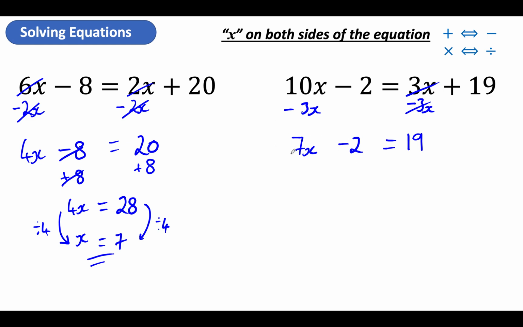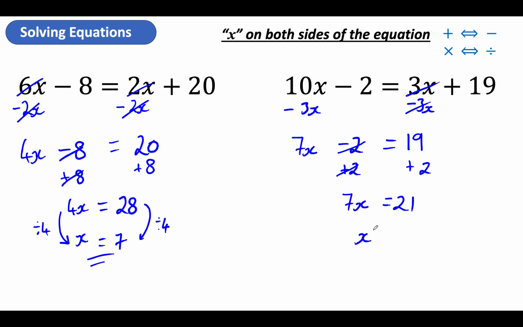Deal with the number touching the letter last, so let's deal with the number first. It's a negative 2, so I'm going to add 2, and I'm going to do it to both sides to keep the whole thing balanced. Remember, minus 2 and plus 2 cancel out. They turn into 0, disappear in a puff of maths. 19 plus 2 is 21.